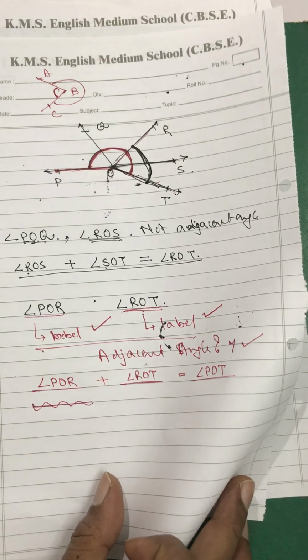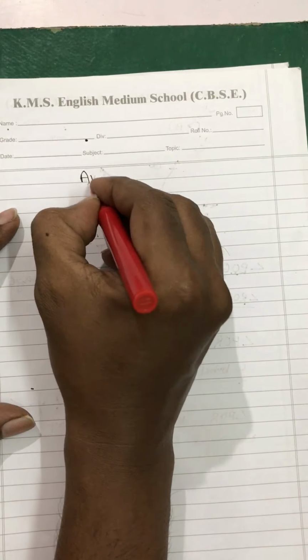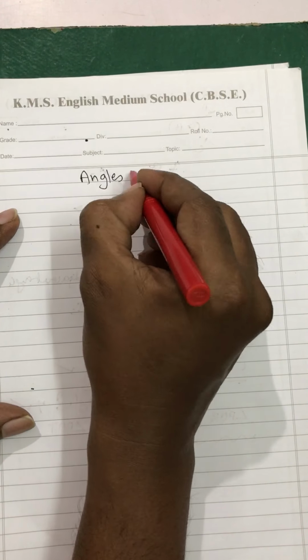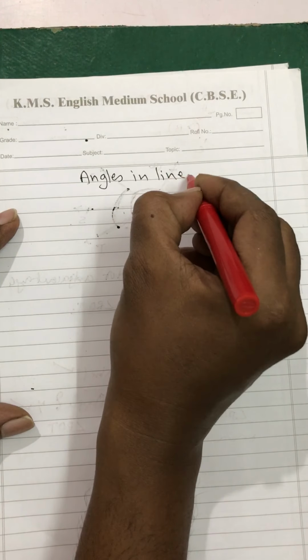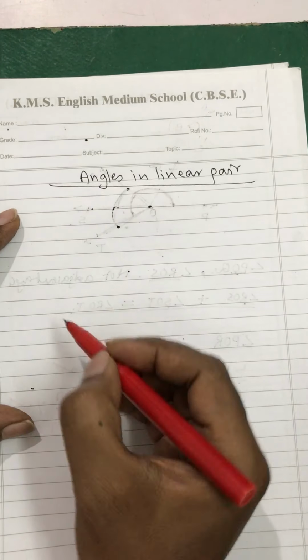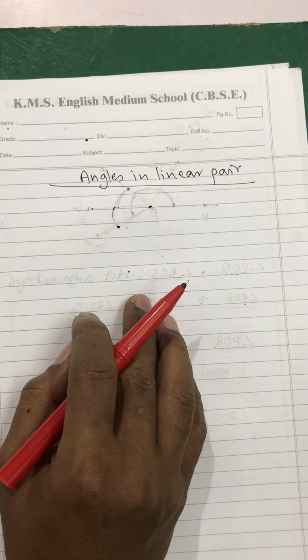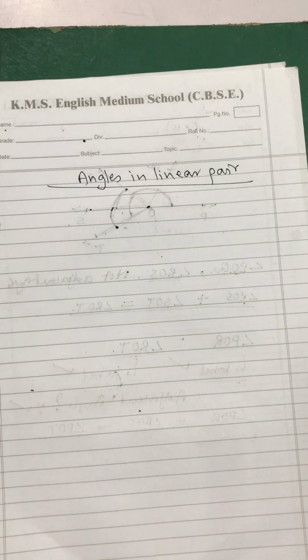Now comes the next one, angles in a linear pair. Or we can also say linear pairs of angles. See, the condition for linear pairs of angles is definitely that the conditions for adjacent angles are satisfied, all the conditions needed for adjacent angles.